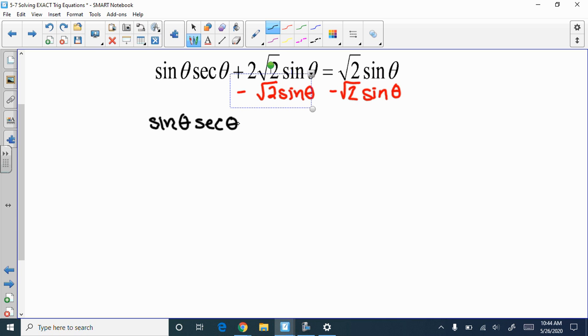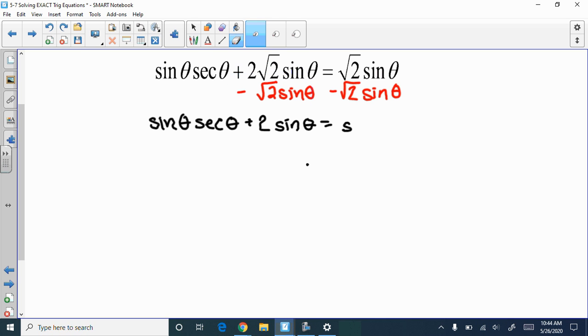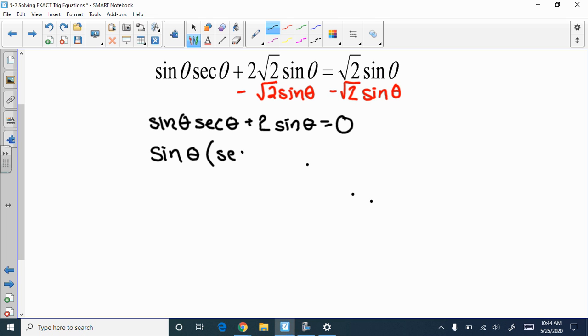Then I have to be careful on this part, because the square root of 2 minus the square root of 2 is going to give us plus 2 sine theta equals 0. Now I can factor out a sine theta, leaving behind the secant of theta plus 2 equals 0.